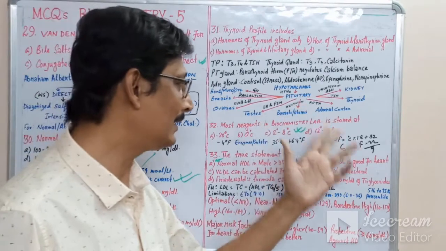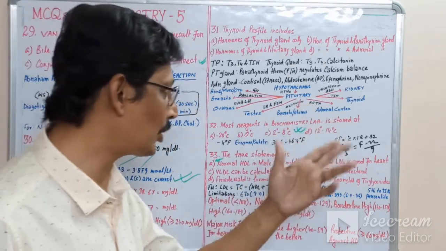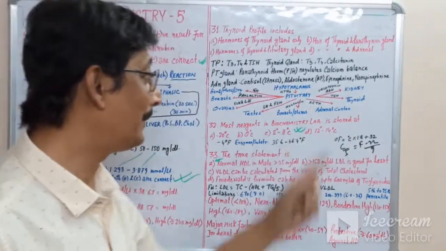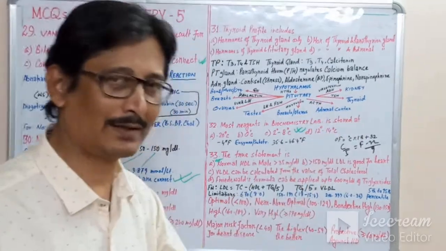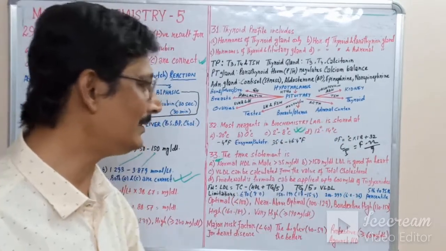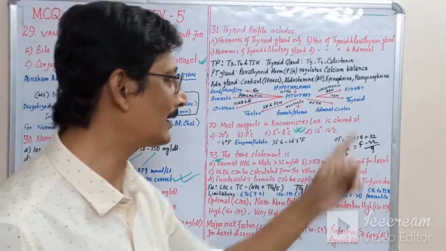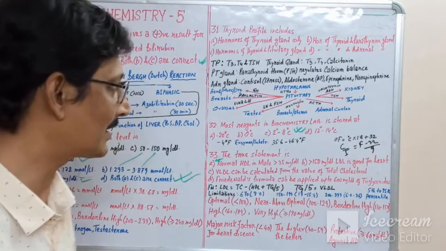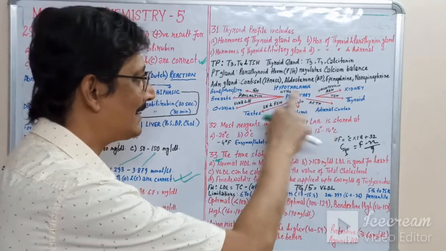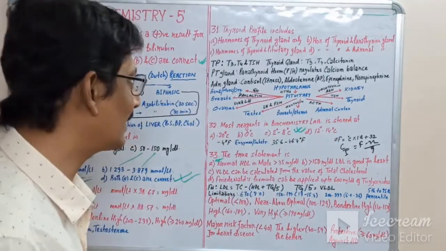By ACTH hormone, it controls the adrenal cortex. By TSH, it regulates the thyroid gland, and by vasopressin, that is ADH hormone, it controls kidney function. So we got the answer: TSH is secreted by the pituitary gland.